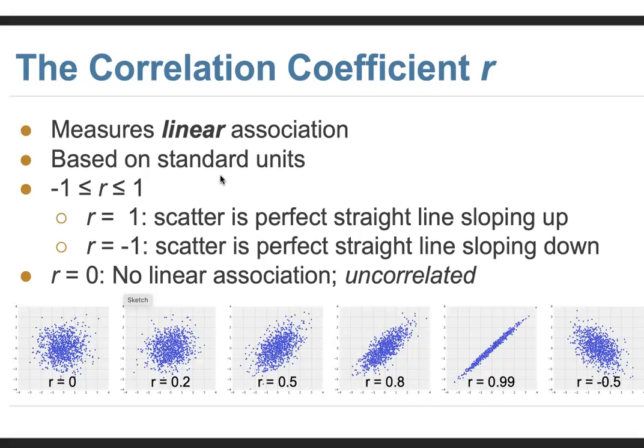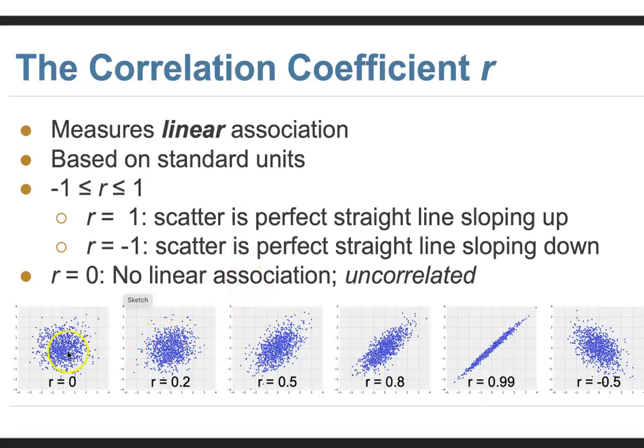If you remember, in standard units the average is 0 and 1 is the standard deviation. To convert to standard units, we take each value minus the average for that variable, then divide by the standard deviation. So R is always within -1 and 1.